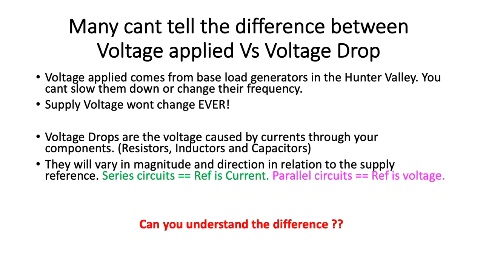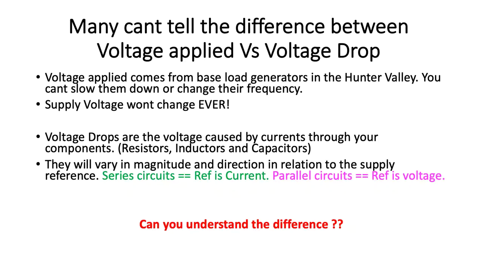The voltage drops are the voltages caused by the currents through your circuits and your components. That is, through your resistors, your inductors and capacitors, whether they're connected in series, parallel or combinations of the above. They will vary in magnitude and in direction, but in relation to the supply, which is the reference.